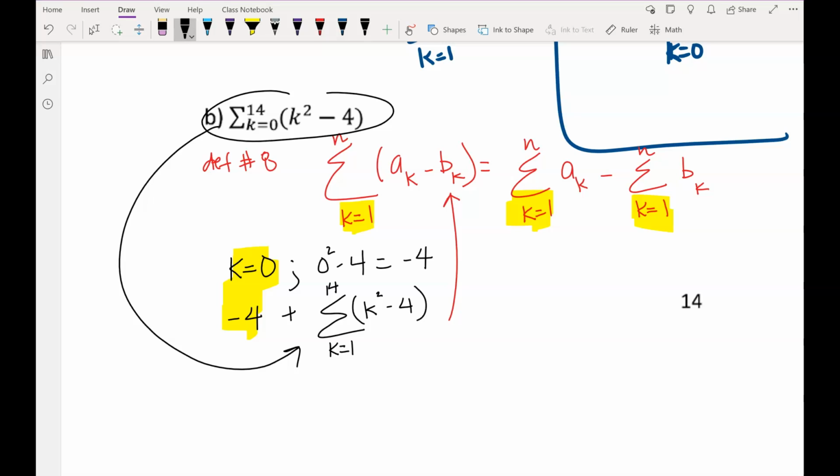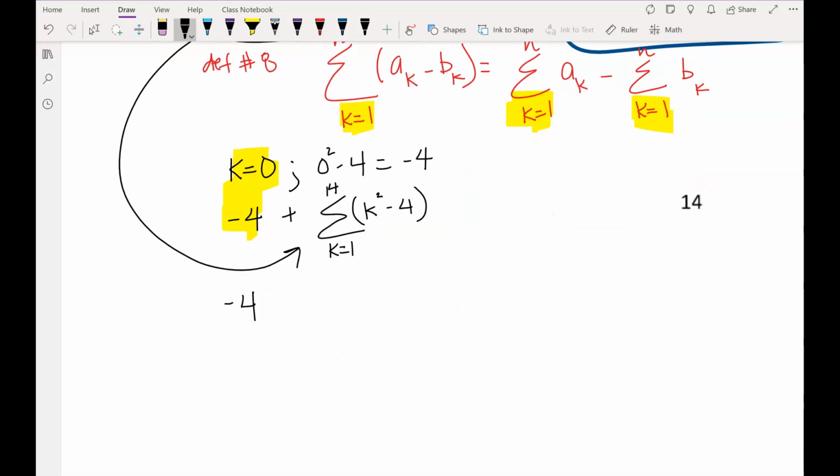So with that said, I know exactly what to do when you have a quantity of summation according to your formula. If k is starting at 1, we can break it up. K squared, and then we can do a minus, summation k equals 1 to the 14th, 4.